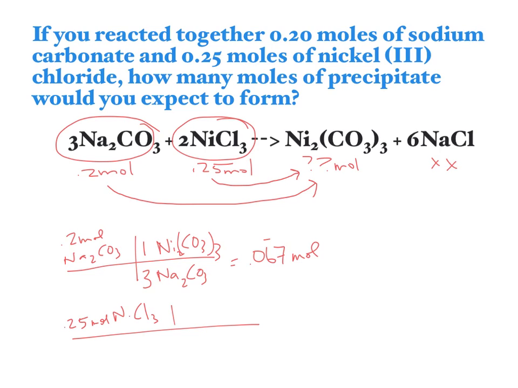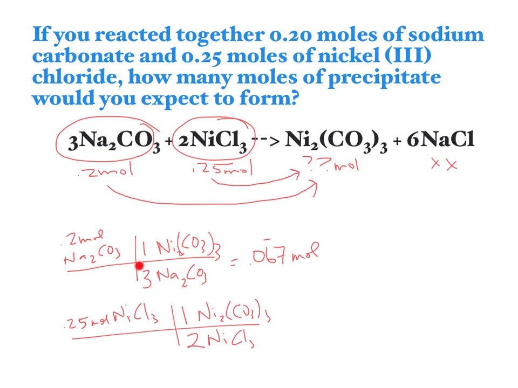NiCl3. And I'm going to convert nickel chloride, do our mole to mole ratio to the nickel carbonate, NiCO3. These are in a 2-to-1 ratio, 2 of those to 1 of those. And again, I'm using my ratios from here, and I'm putting them in these spots. Remember, I know a lot of you guys make this mistake.